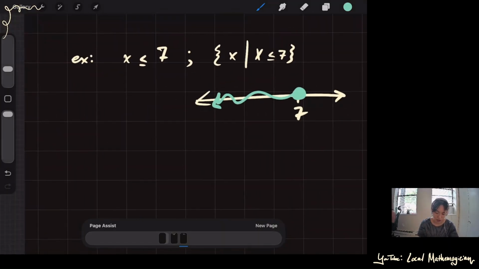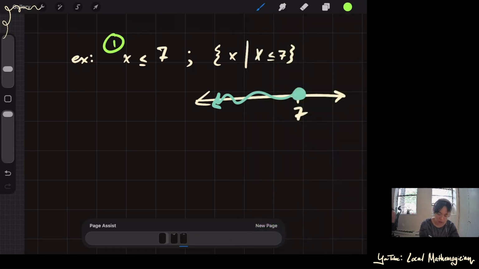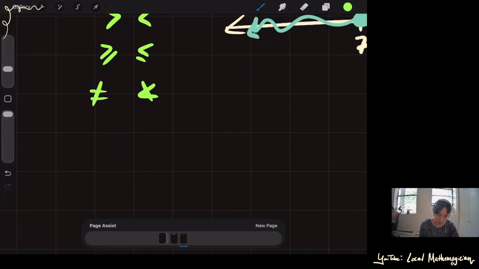Okay, so big picture, you should know what this means, and all the relevant symbols, like greater than, less than, greater than or equal to, less than or equal to. If you were feeling really fancy, not equal, not less than, which means greater than or equal to, not greater than, which means less than or equal to, not less than or equal to, not greater than or equal to.